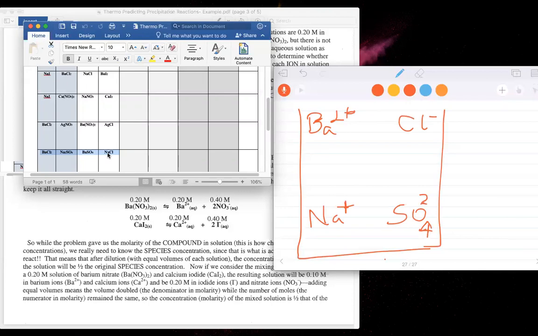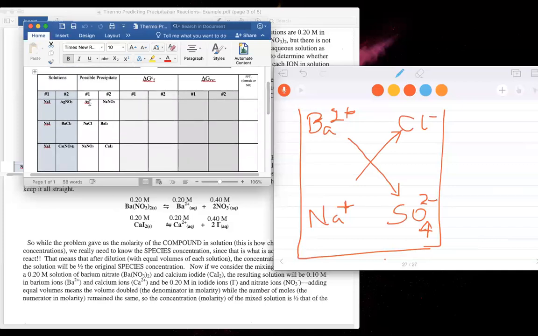This is going to help you in writing the correct formula. If you look at the cations, barium and sodium, and the anions, chloride and sulfate ion, they will exchange, they will switch. Look at how they will switch. And this one will combine with that.